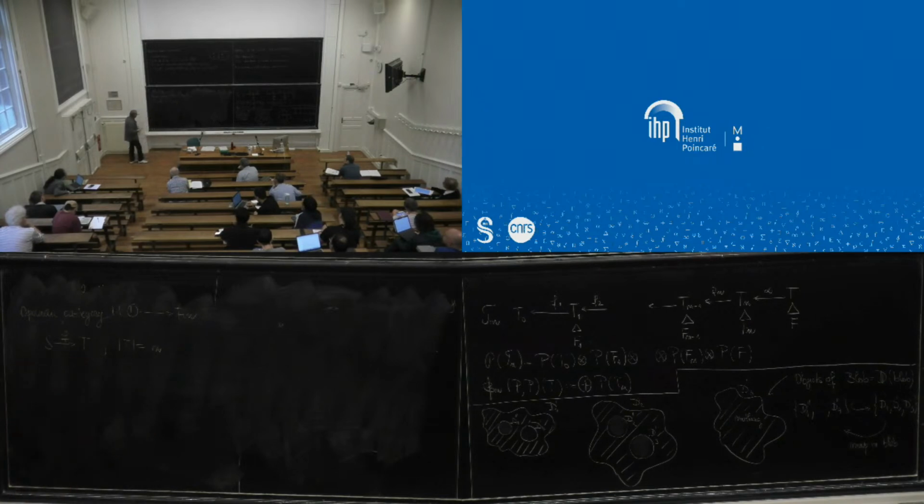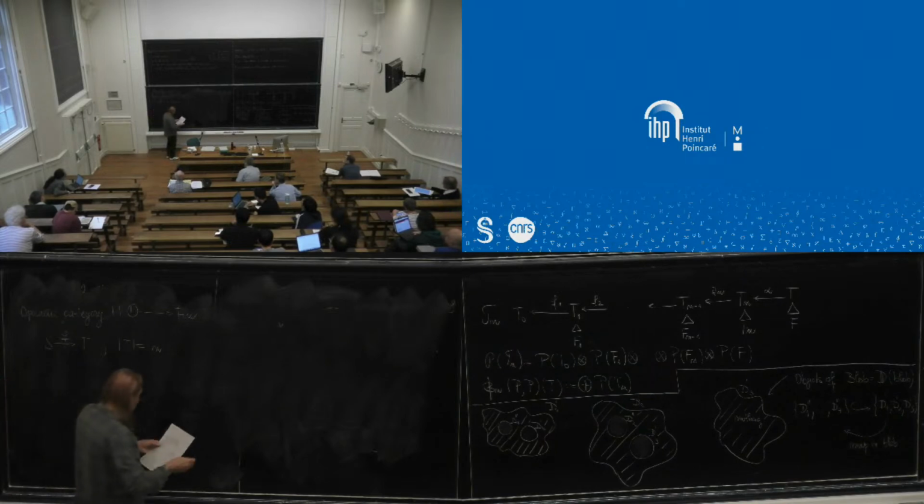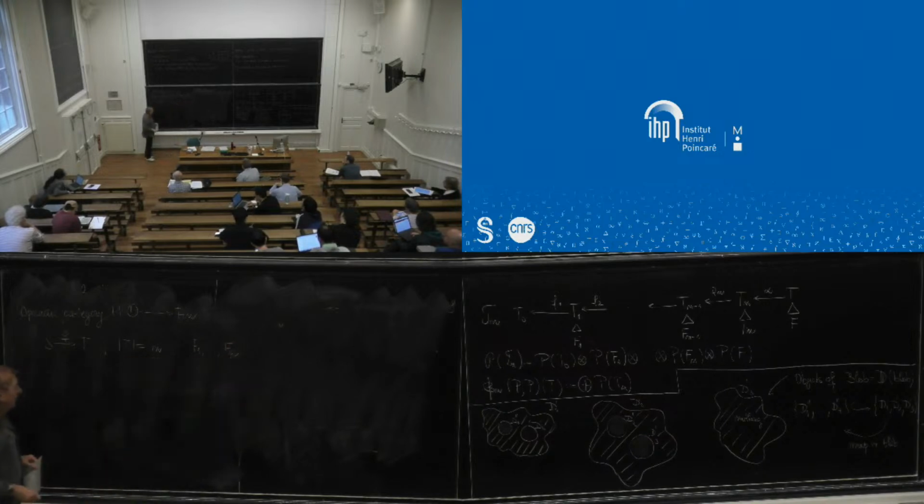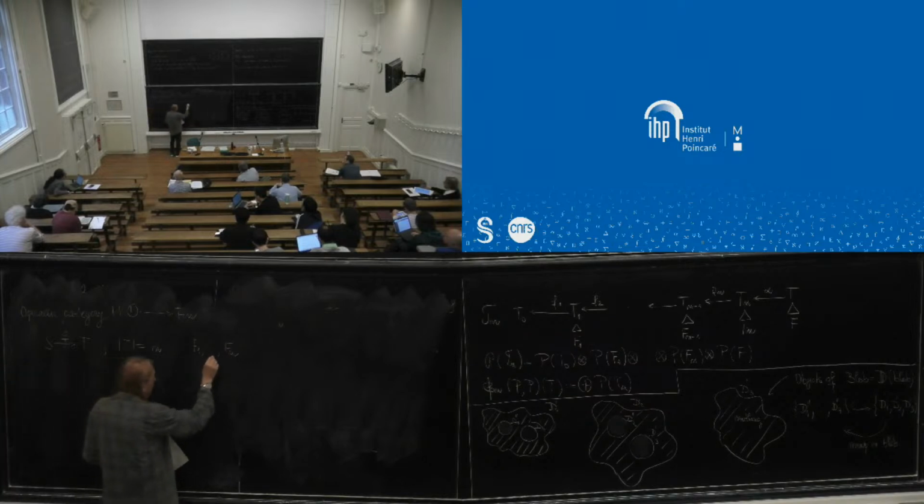So when the cardinality of T is n, then I am given other objects f1, ..., fn, which we call fibers of f.